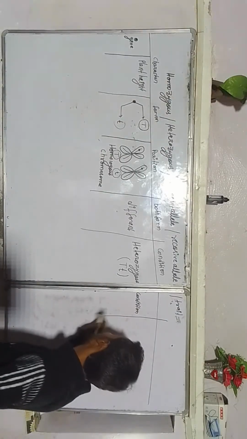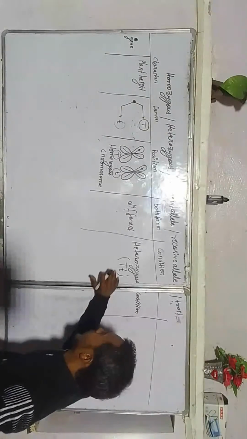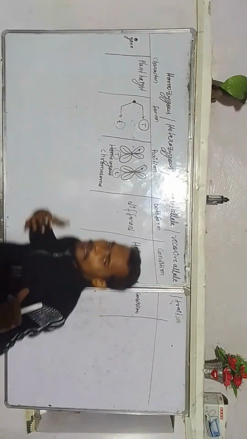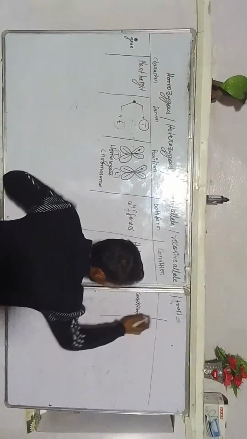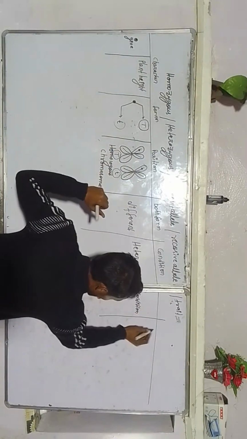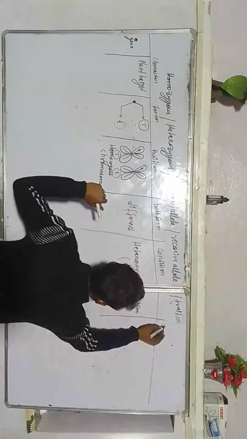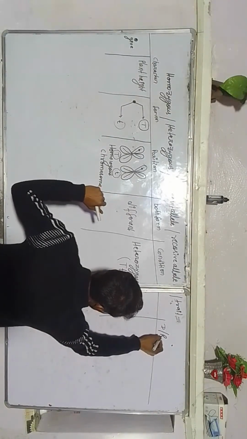Then which trait is expressed? The dominant. You know, D for dominant, R for recessive.